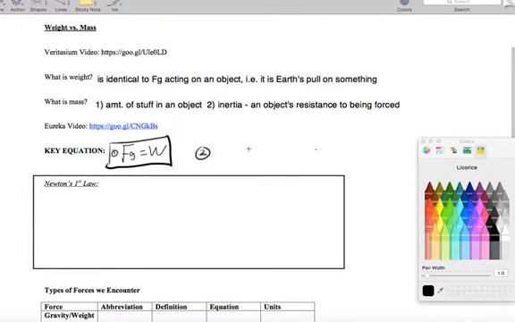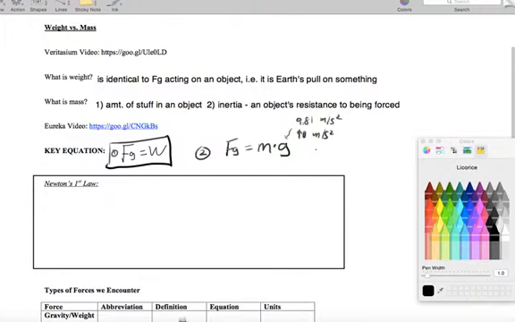The second equation is that the force of gravity acting on an object can be found by the object's mass, and there's a factor that relates the mass to the weight, which is this letter g, which is exactly the 9.81 meters per second squared, or if you prefer, 10 meters per second squared, that we used previously when we were studying motion and acceleration and velocity and all that in our previous video.